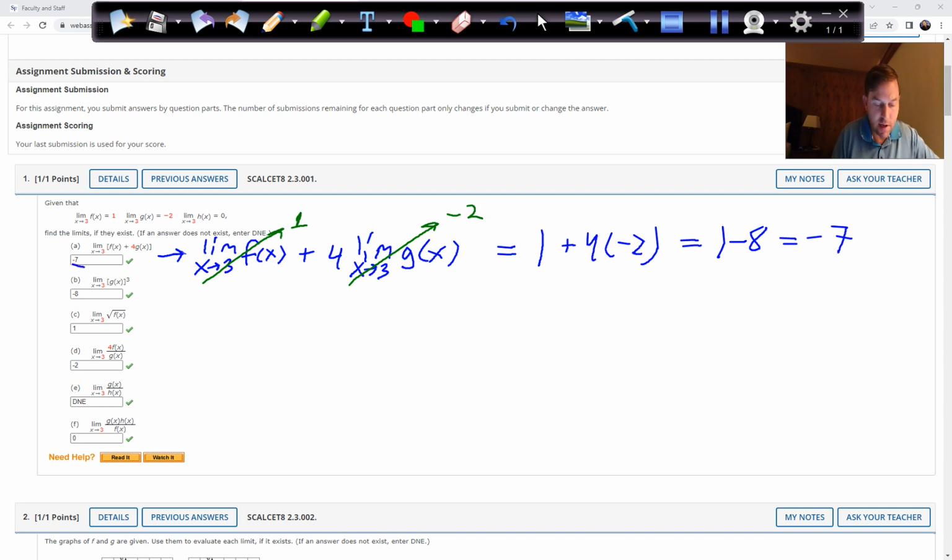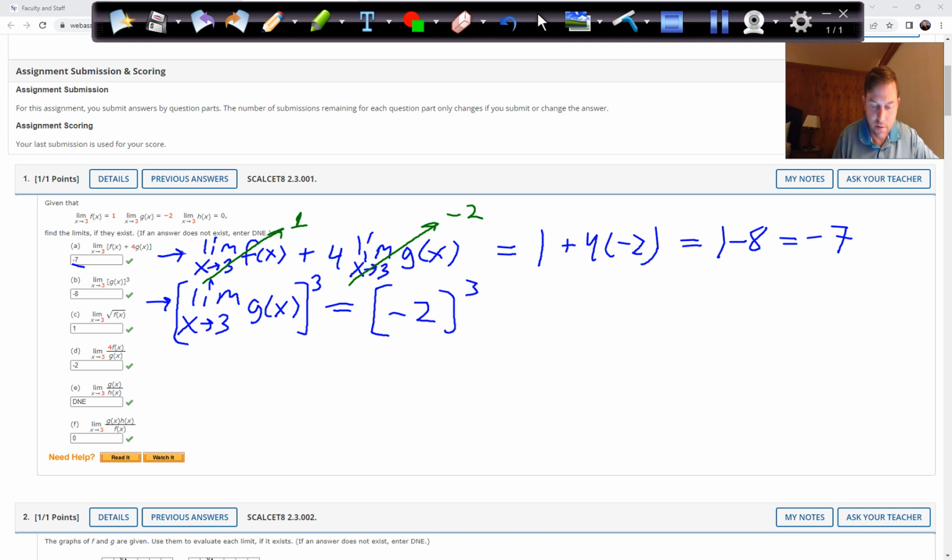Okay, very similarly, they have the limit of x going to 3 of g of x, and they cubed g of x, but you can actually cube the entire thing. So this becomes the limit of g of x as x goes to 3, which is just negative 2, and that's going to be negative 8.